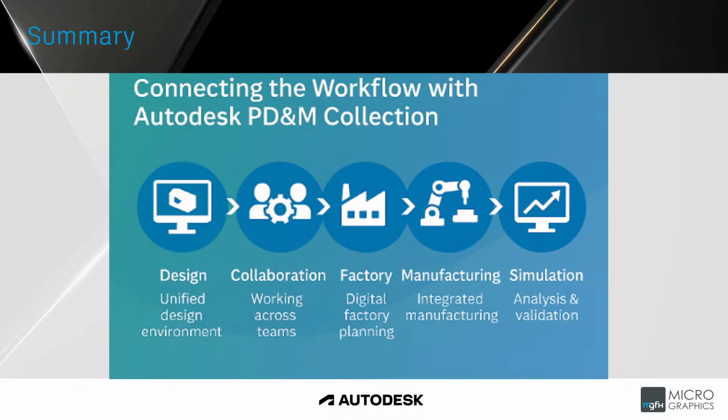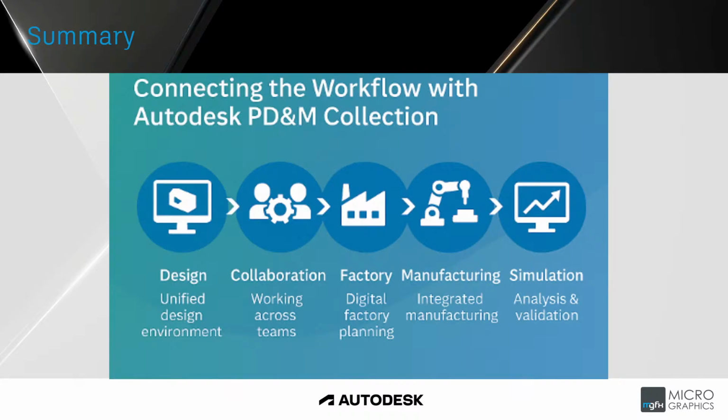Integrated manufacturing for your CAD and CAM workflows for your CNC programming. You've got your manufacturing, your simulation, and it can automate toolpath generation. And this will all help reduce errors with associative updates. This will allow you to quickly see if there are any errors in your design.